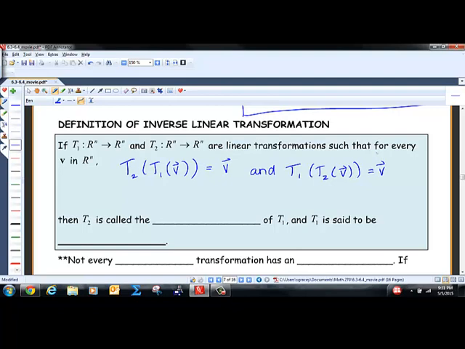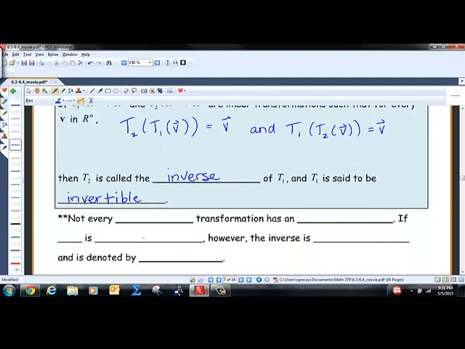Good. Then T2 is called the inverse of T1, and T1 is said to be invertible. Now, it's good to note that not every linear transformation has an inverse.